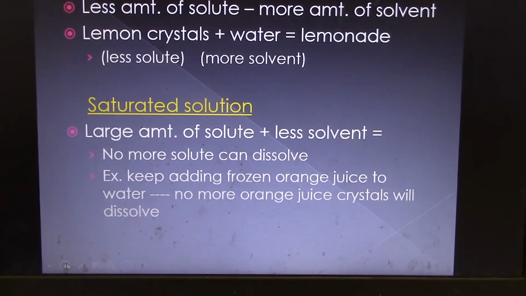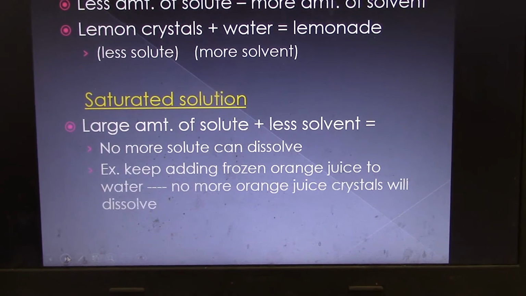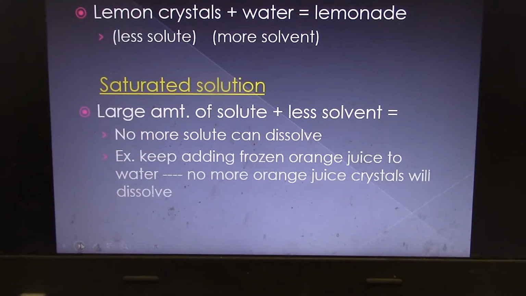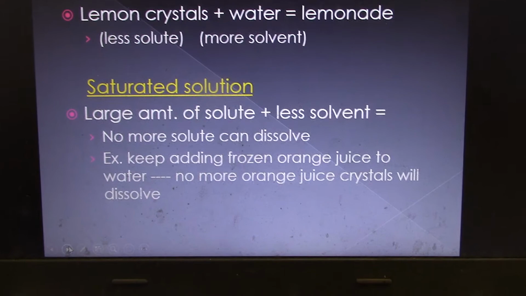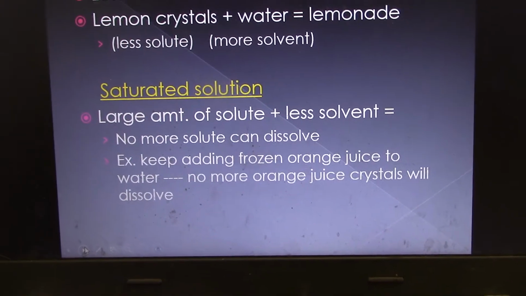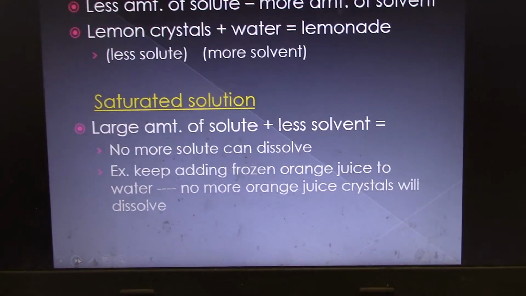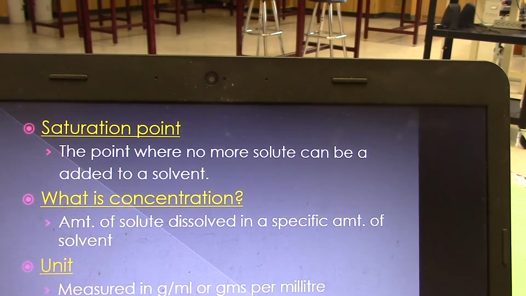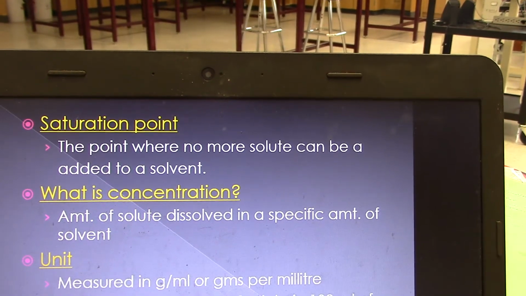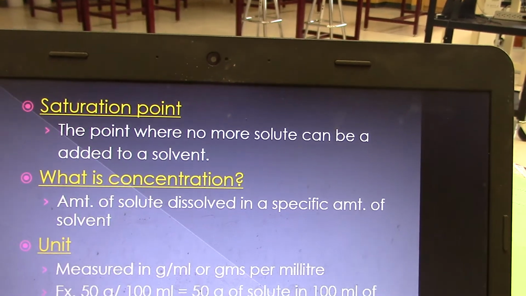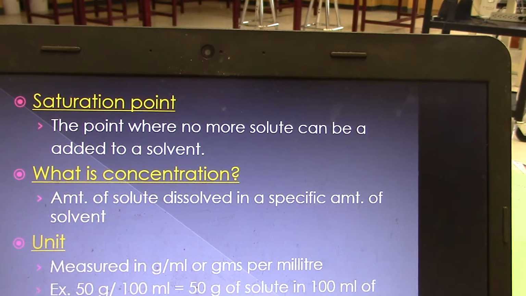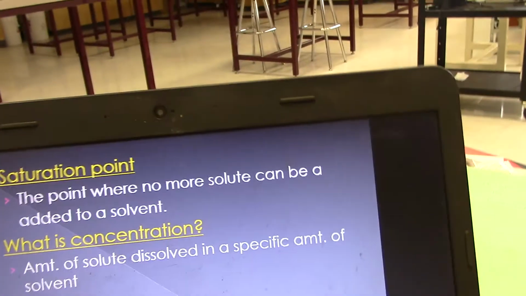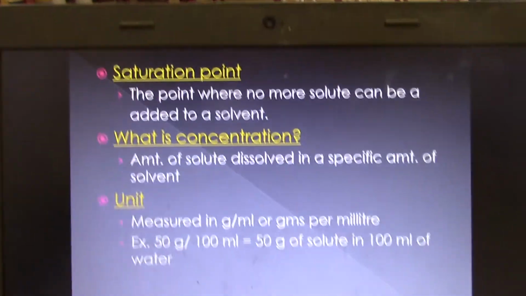Some things will be able to dissolve more than others, and it's totally dependent on the solute-solvent relationship between what's getting dissolved and what's doing the dissolving. You should understand what these mean. Saturation point is the point where no more solute can be added to a solvent. That will be where you start to see solids build up on the bottom of something that you're trying to dissolve.